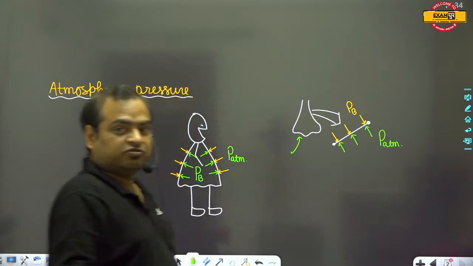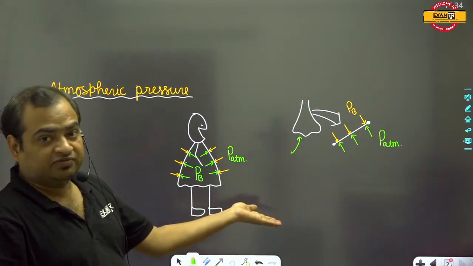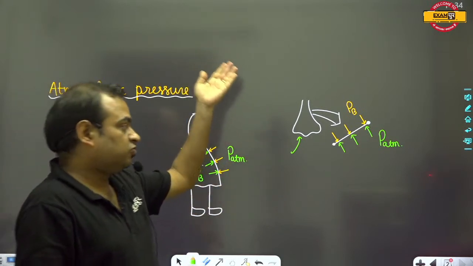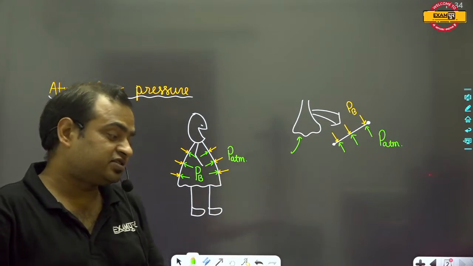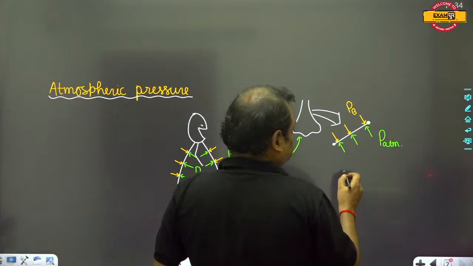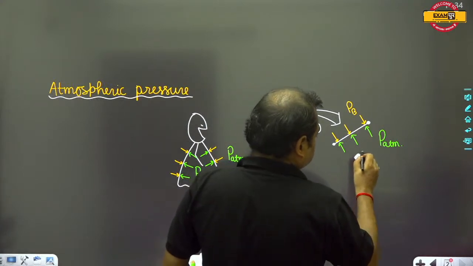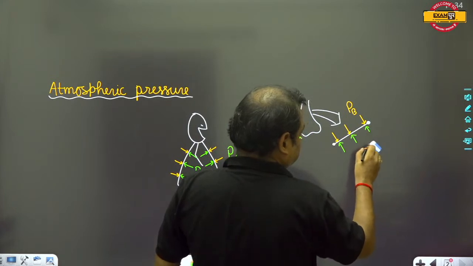But when he climbs very high mountains, then obviously we know that the atmospheric pressure decreases as the altitude increases.